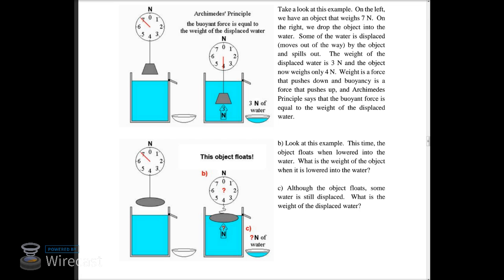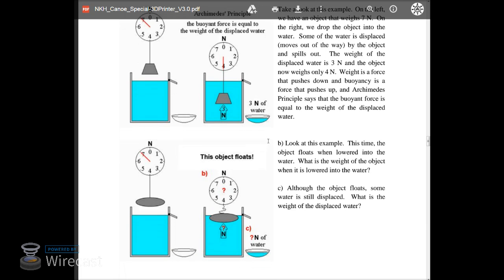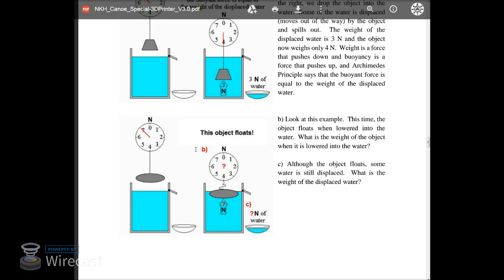So over here is Archimedes' principle. So if you have a 7 Newton object and you put it in water and it sinks and 3 newtons of water spill out, then the object actually becomes 3 Newtons lighter. And that's Archimedes' principle. So here's another example where the object floats.